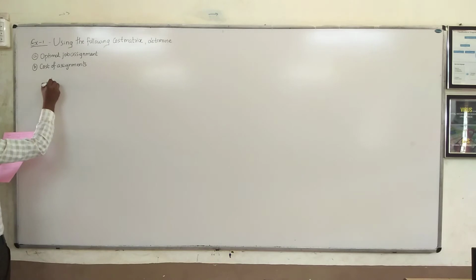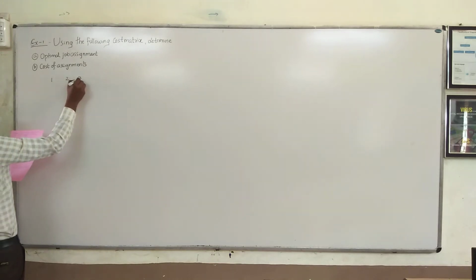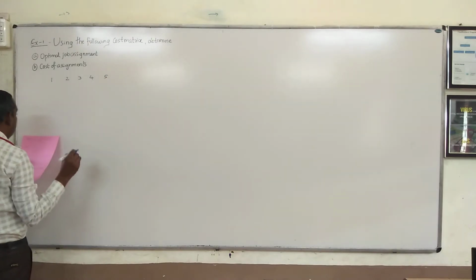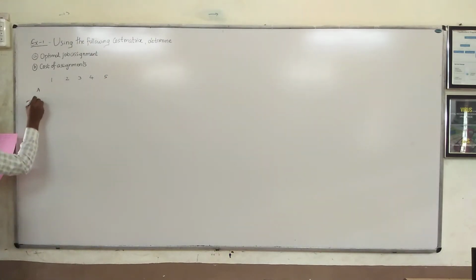So here it is 1, 2, 3, 4, 5, followed by A, B, C, D, E.